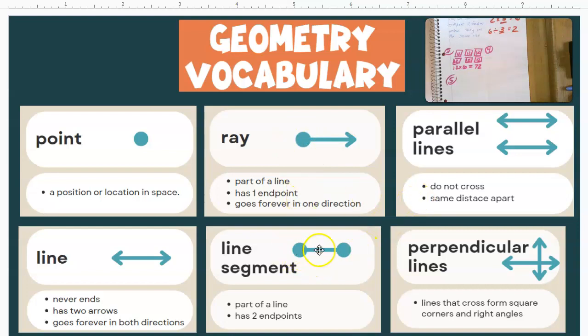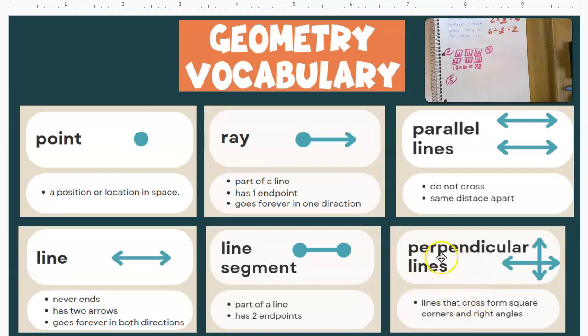A line segment is part of a line that has two end points. So it starts and stops. 2 points, no arrows. Parallel lines are a type of lines that do not cross. So if you can imagine these two lines, like maybe a set of railroad tracks, those two lines are never going to cross over one another and they're the same distance apart.